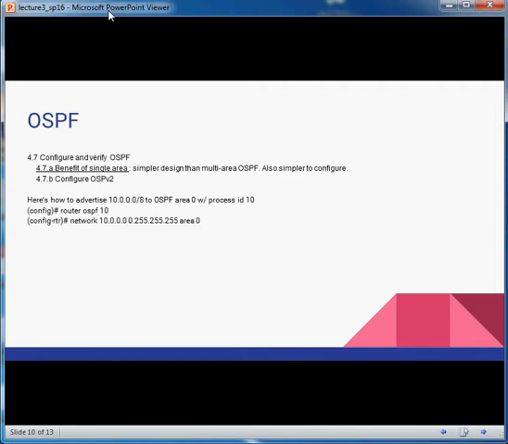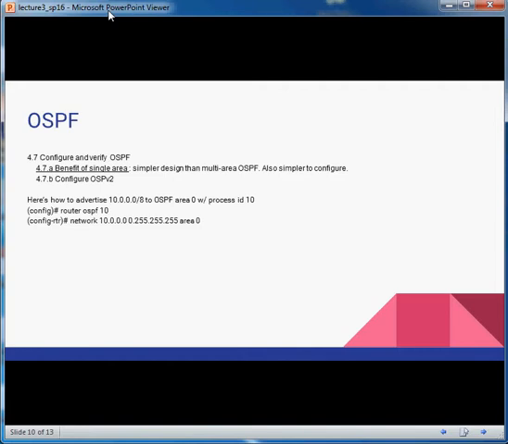On a router, we have a bunch of routes, and those routes are associated with particular network interfaces. In order to share those routes with other routers participating in OSPF, we have to advertise them.